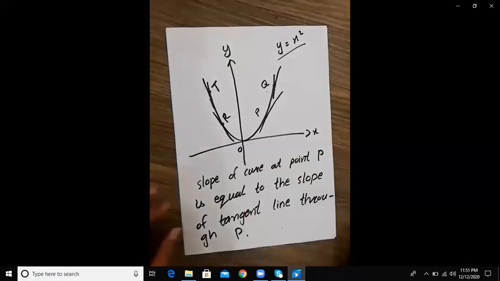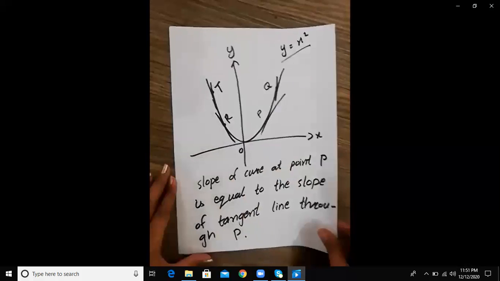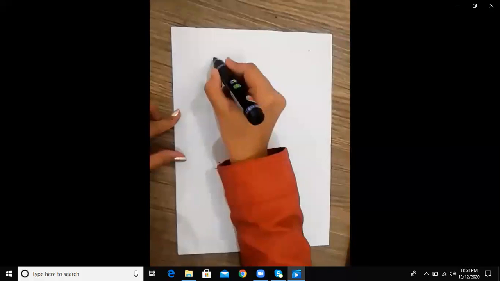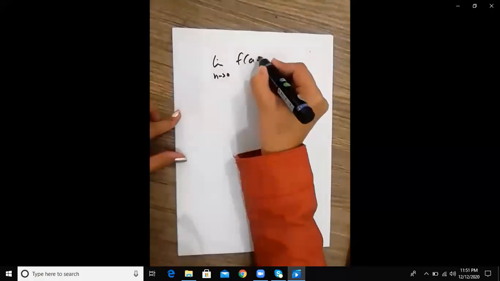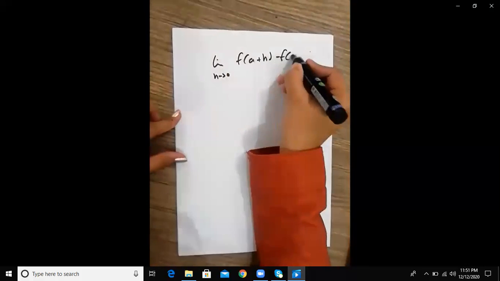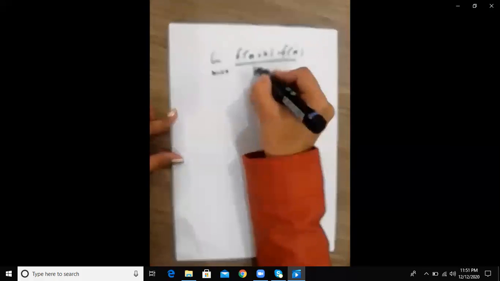So at this point, you will understand the need of limit in our life. So the limit at some point a, we know that the slope of the equation at some point is defined as f of a plus h minus f of a, whole divided by h.